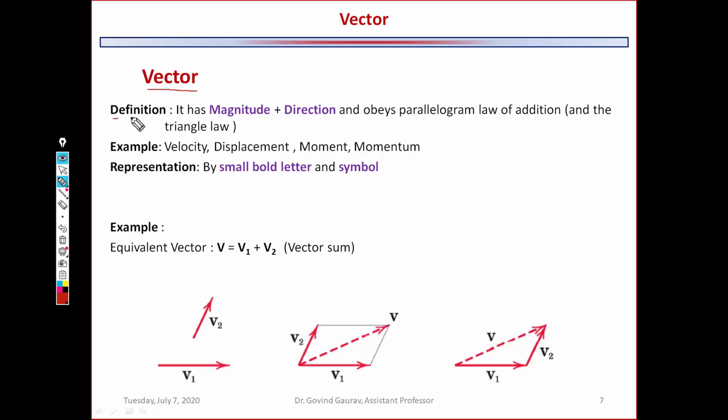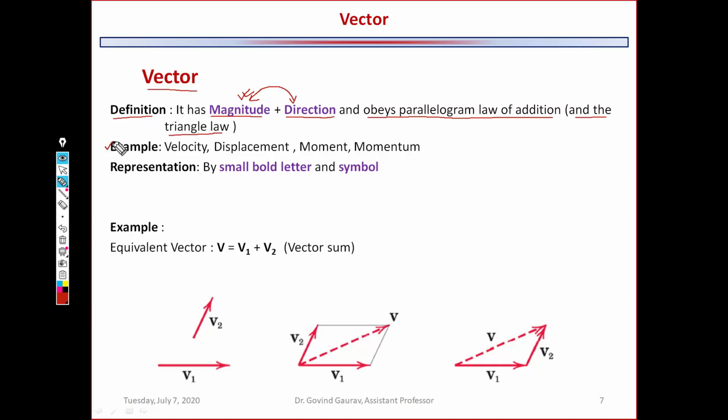Vectors. Definition. Vectors are quantities which have both magnitude as well as direction, compared with a scalar quantity which has only magnitude. These vector quantities obey the parallelogram law of addition as well as the triangular law of addition.